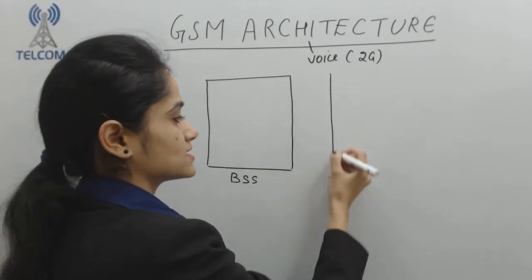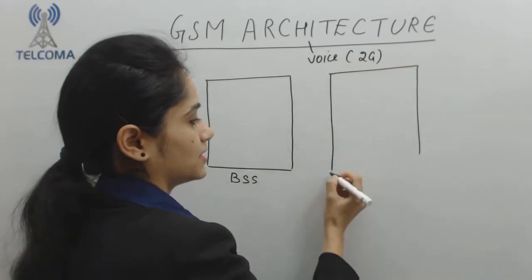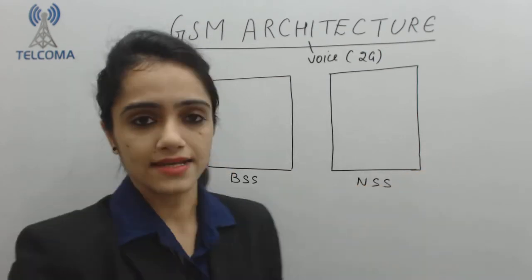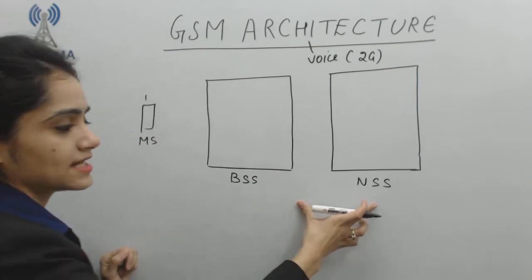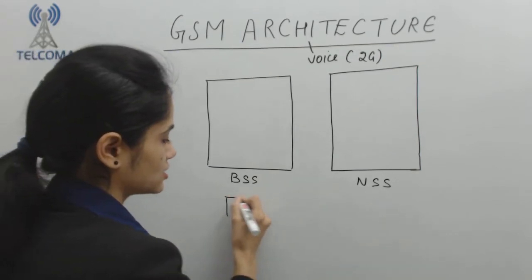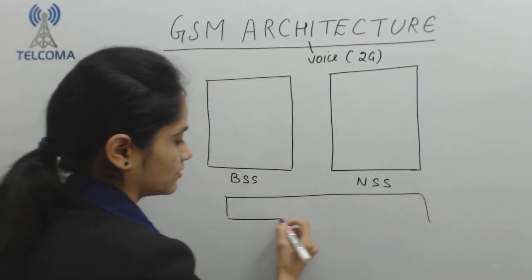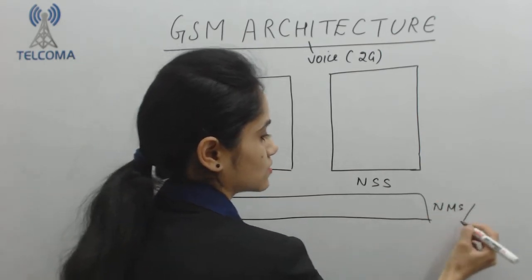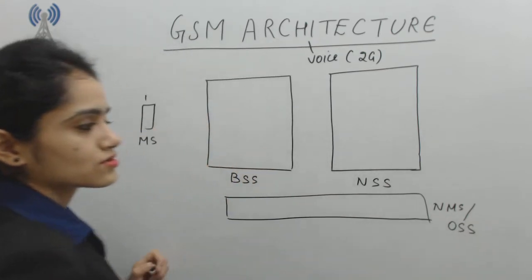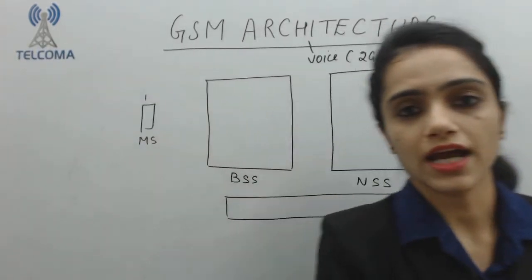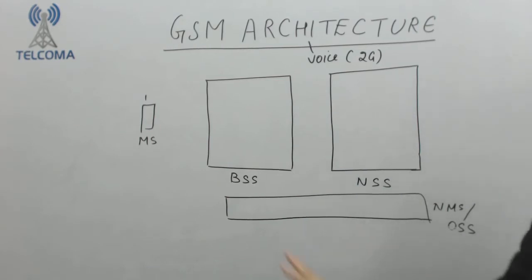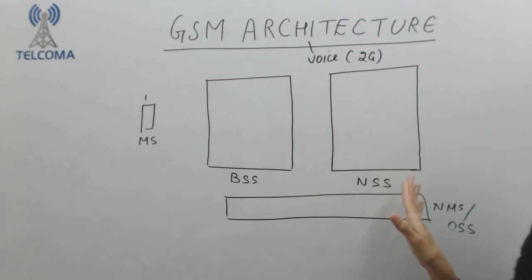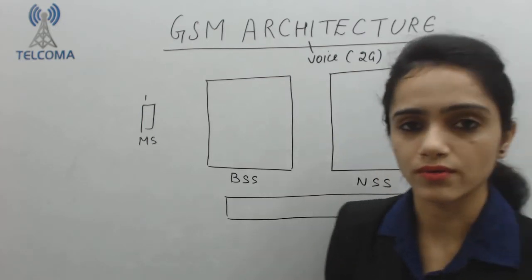This BSS part should be attached to a part that is NSS, and all the BSS and NSS parts are managed by a unit, and that is NMS, which is also known as OSS. So for GSM architecture evolution, we require four basic entities: the mobile station, BSS, NSS and NMS or OSS.